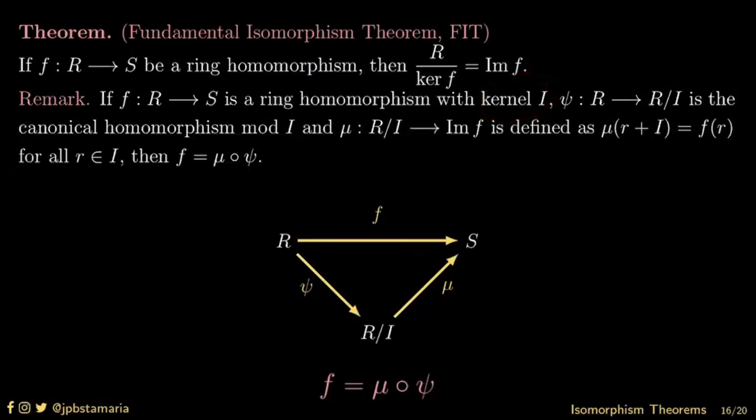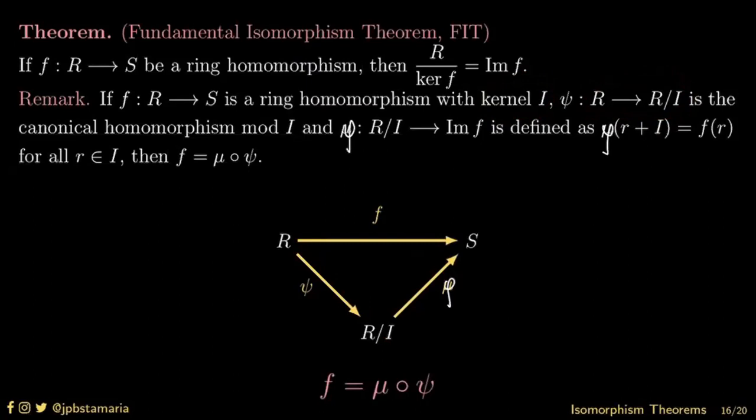Okay? Naalala niyo yung psi? Yung psi is the map from R to R modulo I. Ayun yung canonical isomorphism. Oh, mu pala ang ginamit ko dito. Well, sa atin kasi sa proof, ito yung phi, hindi mu. Phi ang ginamit ko, hindi mu.